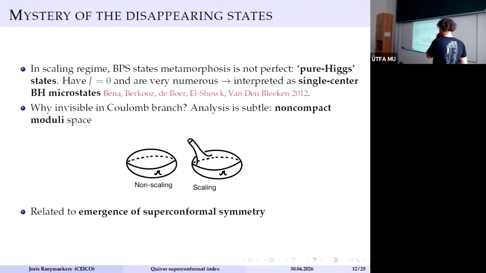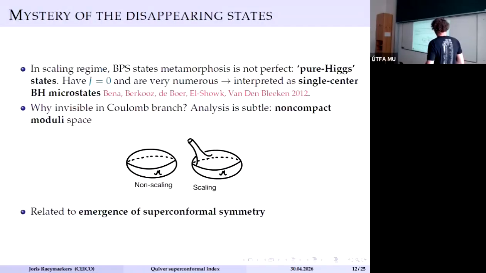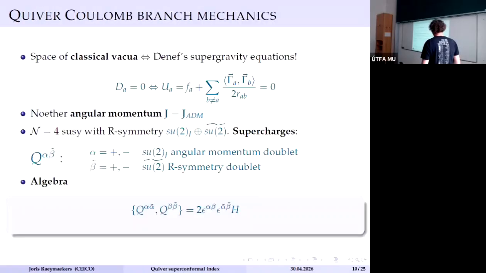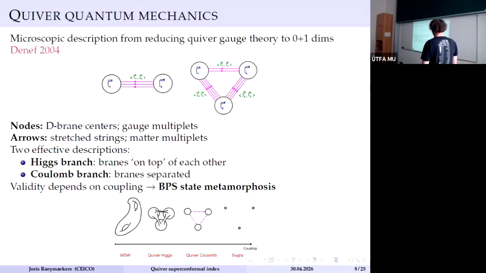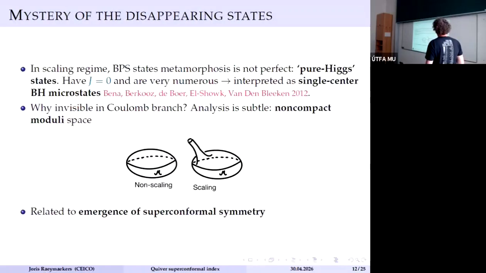So now when you look at this scaling regime in the quiver quantum mechanics, there is a kind of strange phenomenon. That picture I showed earlier of BPS states morphing into each other as you go from one branch to the other is suddenly not valid anymore.